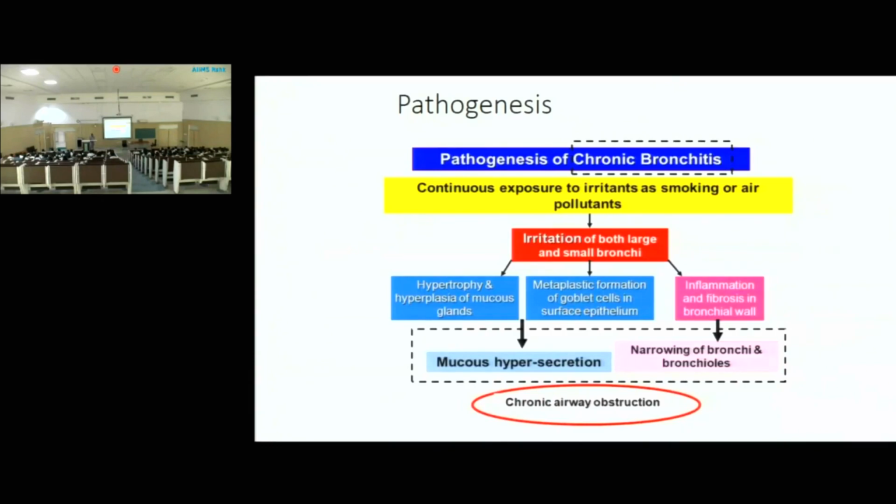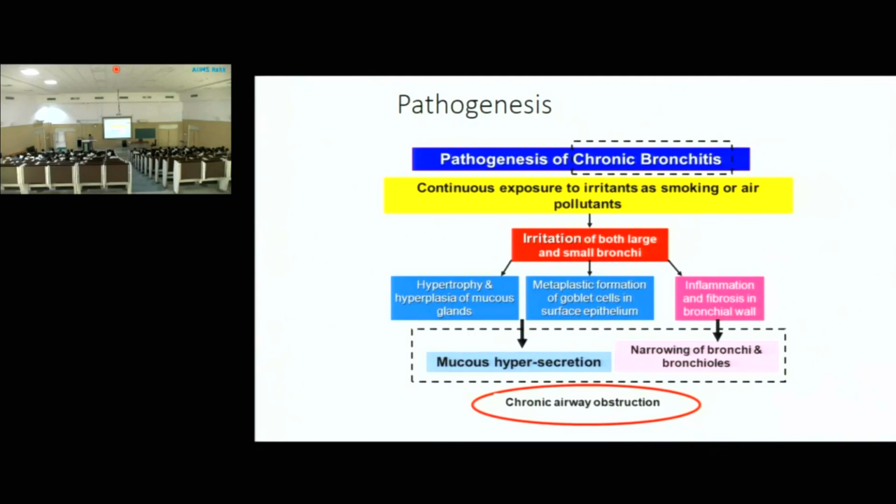So in pathogenesis, similar things in tabulated format. Continuous exposure to irritants such as smoking or air pollutants leads to irritation of both large and small bronchi. It leads to hypertrophy, hyperplasia, and metaplastic transformation, with formation of goblet cells. There is also inflammation and fibrosis in the bronchial walls over a long duration.